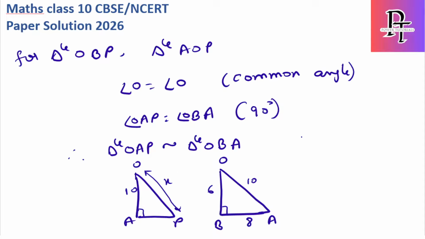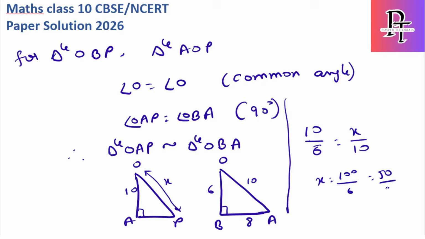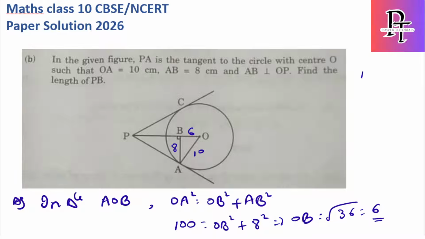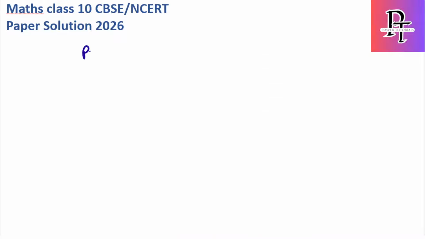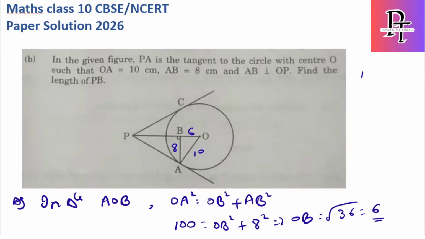So just write the similar triangle ratio. Corresponding sides give 10 by 6 is equal to x by 10. So the x value is 100 by 6 or 50 by 3. So I got the OP value as 50 by 3 centimeters. But we don't want OP, we want PB. So PB is equal to OP minus OB.